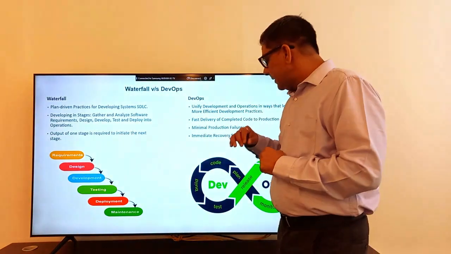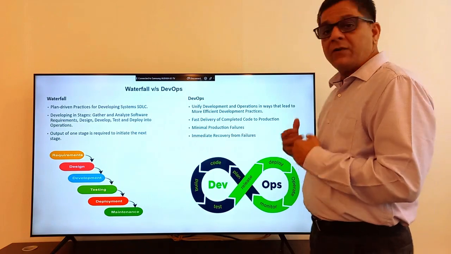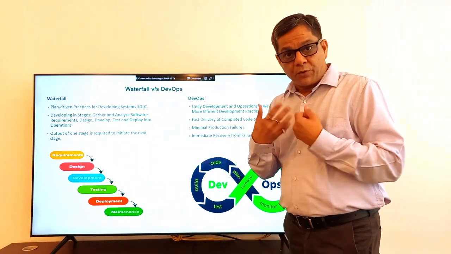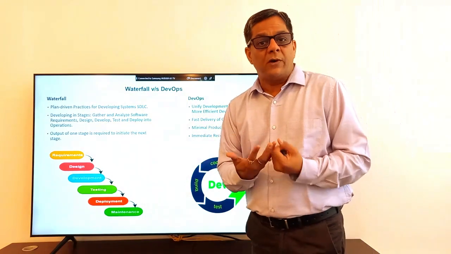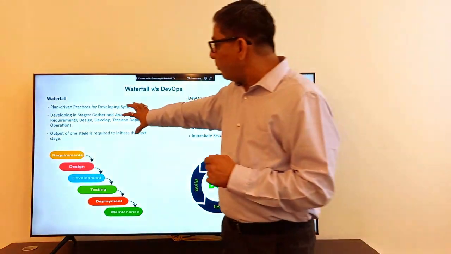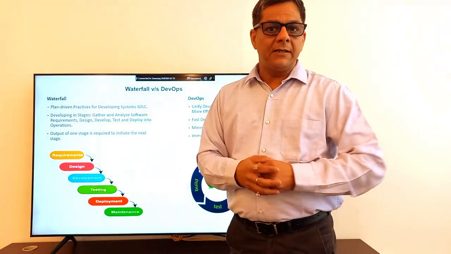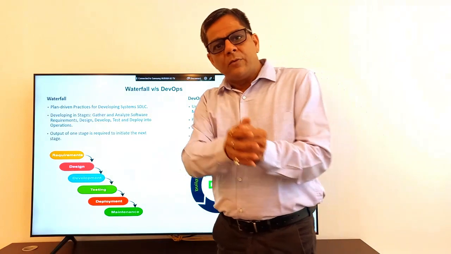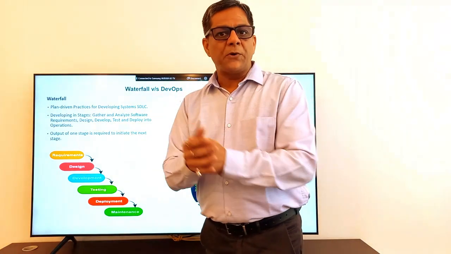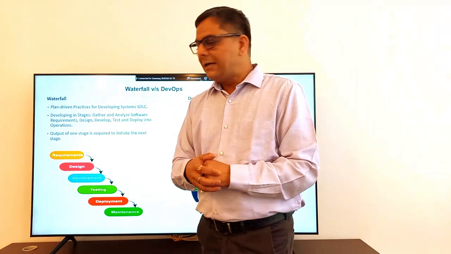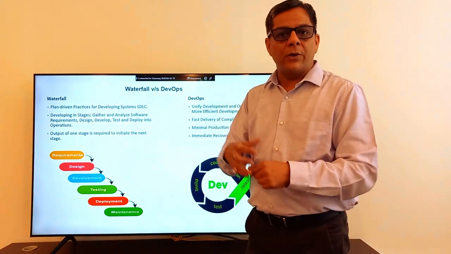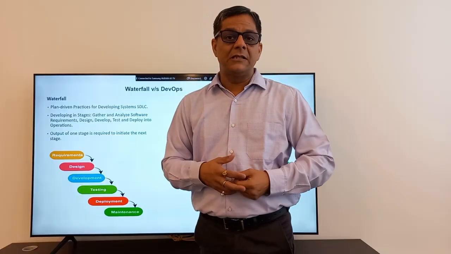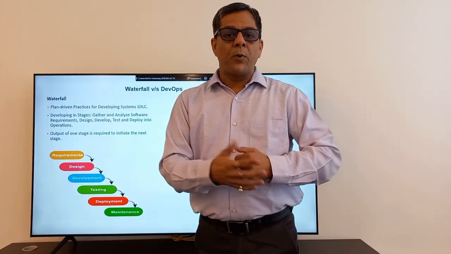Now in DevOps, the development and the operations teams work in tandem. They work together. That helps in providing software rollouts much more efficiently, because in the waterfall model, it could happen that the development team has developed the application and given it to the operations team for rolling out in production, and later on the operations team finds out that this particular application is not working, or there are some errors causing an outage or improper functionality.